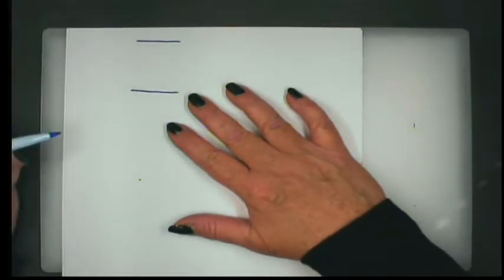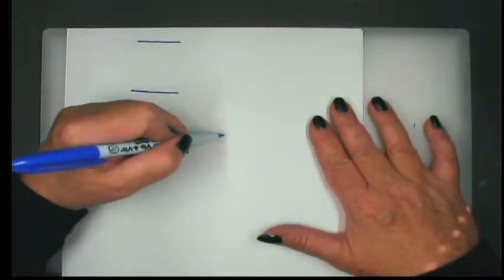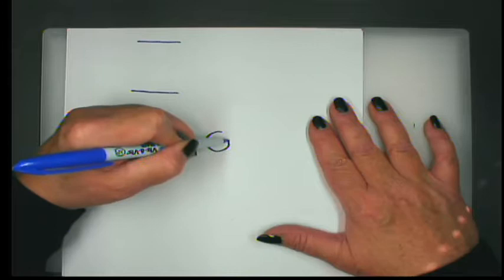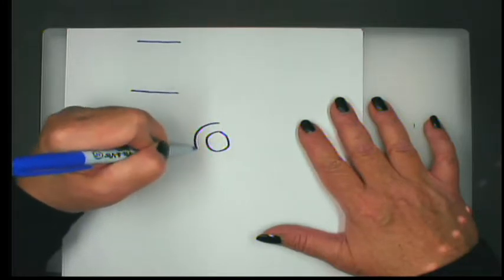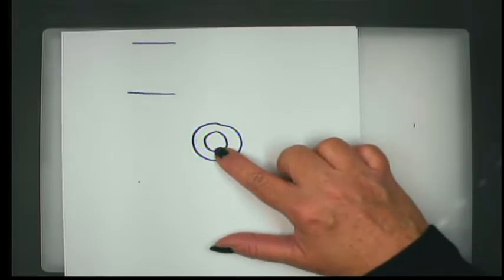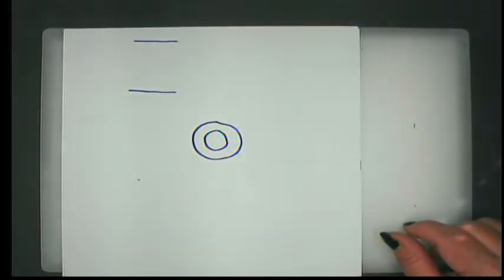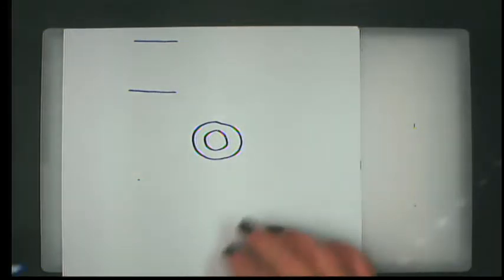Let's say we have a different sort of configuration. Let's say that if we looked at the top of a structure, we had an inner core of one substance, maybe steel, and an outer jacket of another substance, such as aluminum.